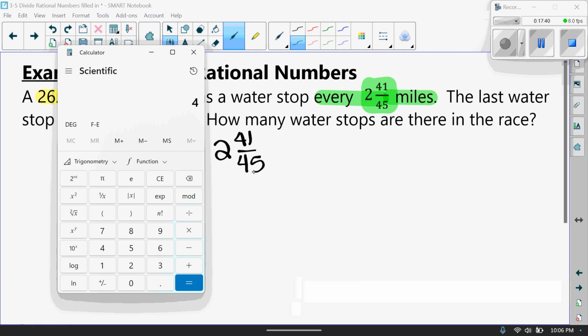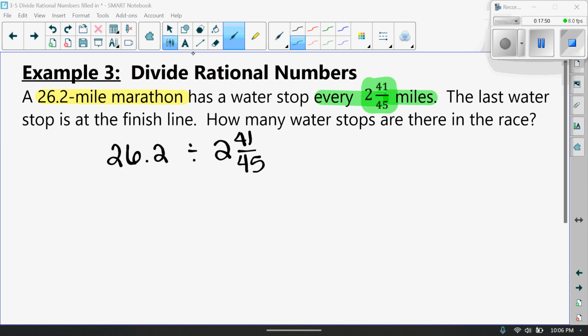Okay, so this one, you can either change it to all fractions or all decimals. But this is what I'm deciding. If I have 41 divided by 45, that gives me a repeating decimal. So we have to change these to all fractions. Okay, so this is 26.2. That's 26 and 2/10.